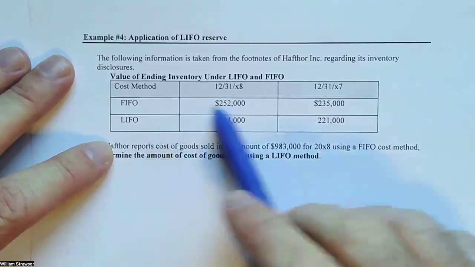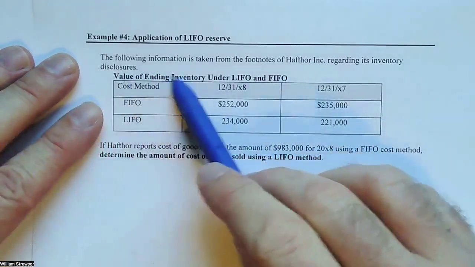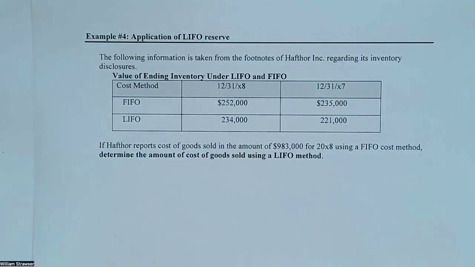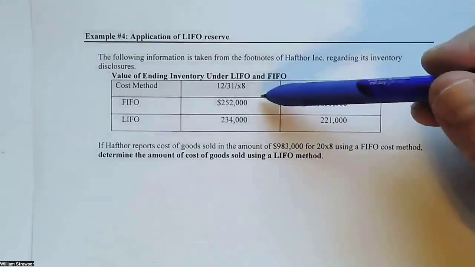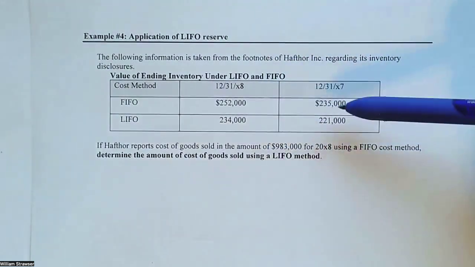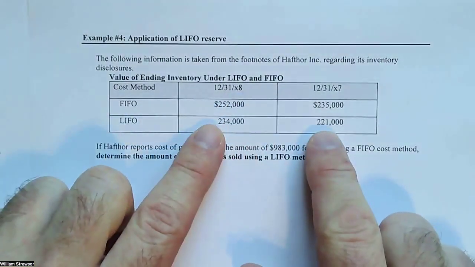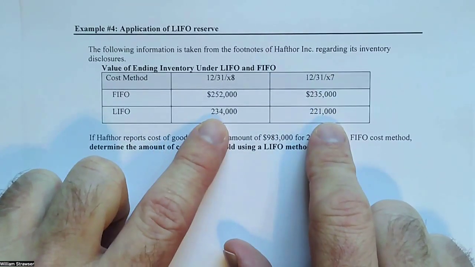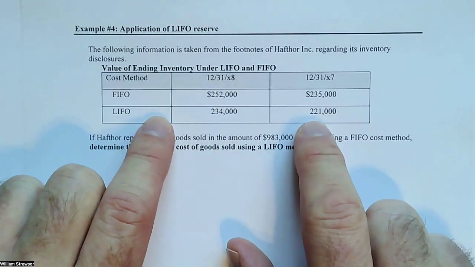So what you're given is just a little bit of data between LIFO and FIFO. It says that this information was taken from Half regarding its inventory disclosures. And we have some values at the end of the year X7, at the end of the year X8. Hopefully you can start interpreting this with an accounting brain. This is my beginning, this is my ending balances of my inventory under these two cost flow methods.